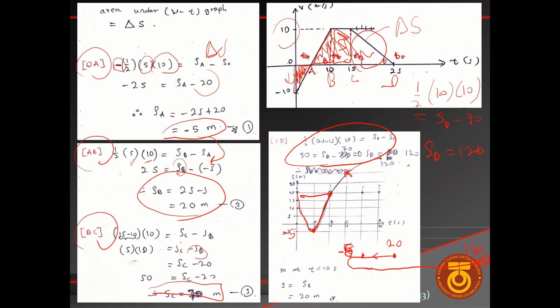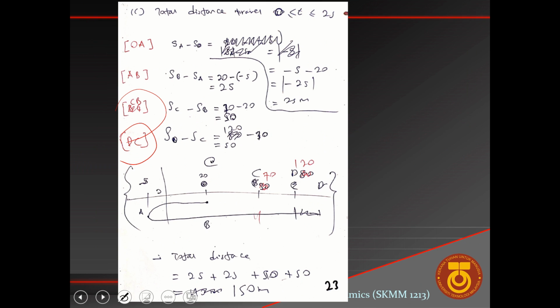So the distance traveled is all this length. I already drew it there. Start from 20, going back, and then up to the top at 120 here.